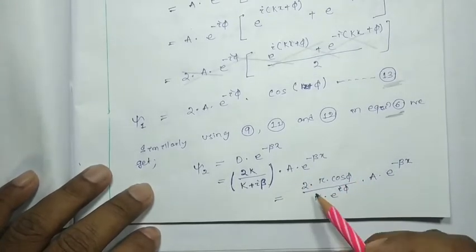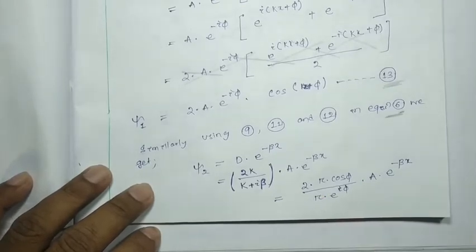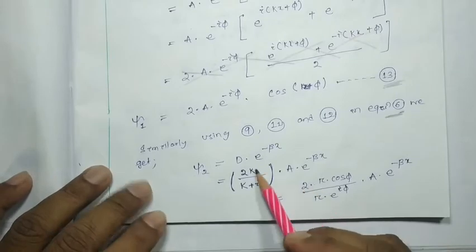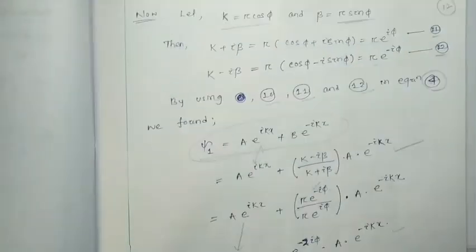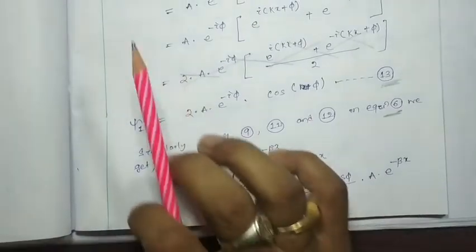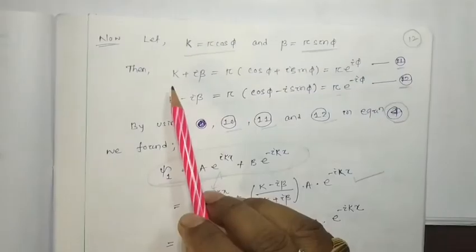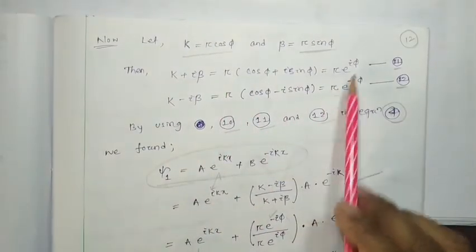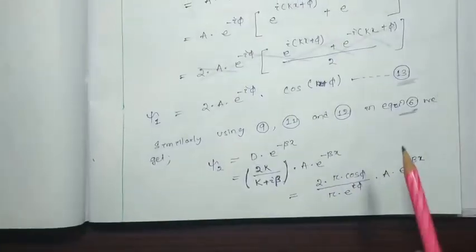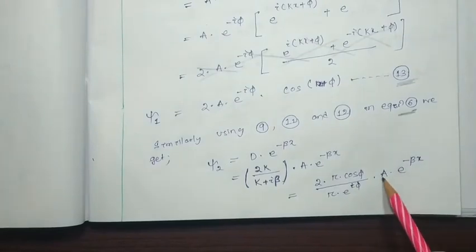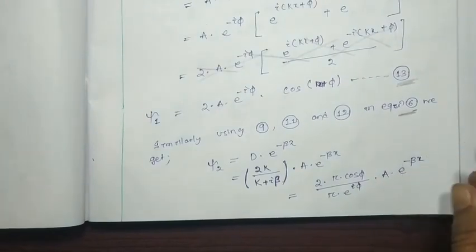So here, 2 into k; what we defined here, k is nothing but r cos phi. So you just write 2 into r cos phi instead of k, and k plus i beta is nothing but r e to the i phi. You just write this one: r e to the i phi into a into e to the power minus beta x.